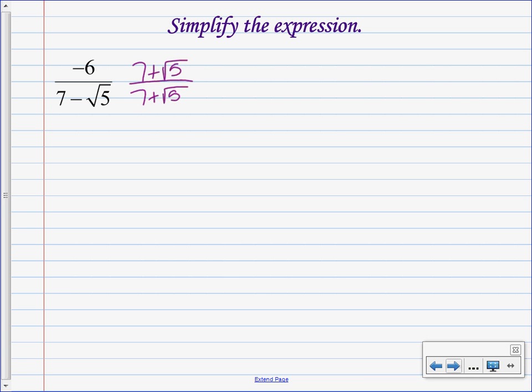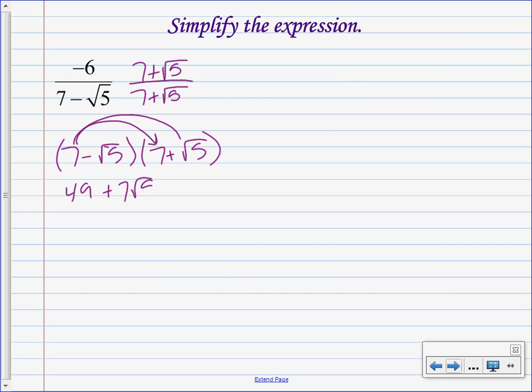Now, if this was positive, then I would multiply by the negative. Why? Because this is 7 minus the square root of 5 times 7 plus the square root of 5. And if I FOIL it, or distribute, 7 times 7 is 49. And 7 times the square root of 5 is 7 square root of 5 minus 7 square root of 5.